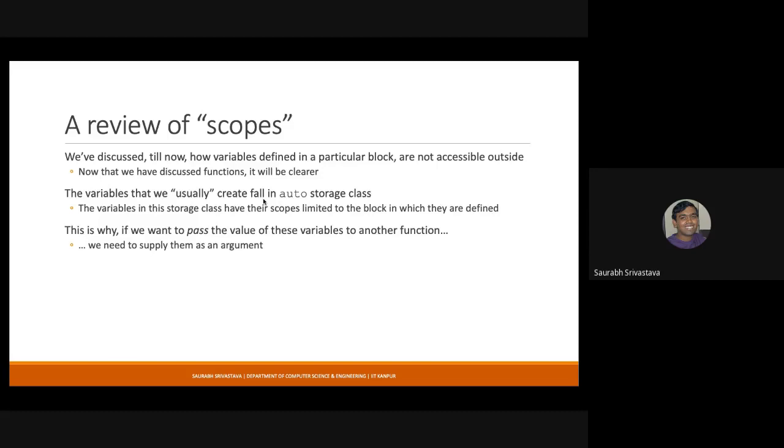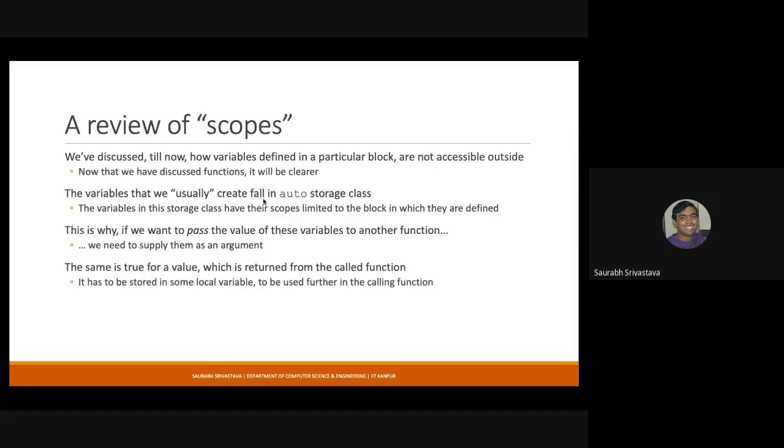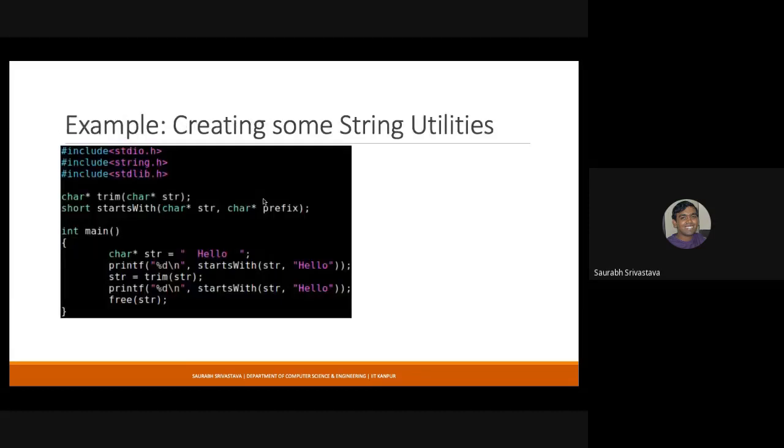The called function needs a copy of the values of the calling function's variables, and this is why we have to pass them. Similarly, whenever you return a value from a function, it has to be caught in the calling function, assigned to some other variable, for example, because the scope of the value will change.